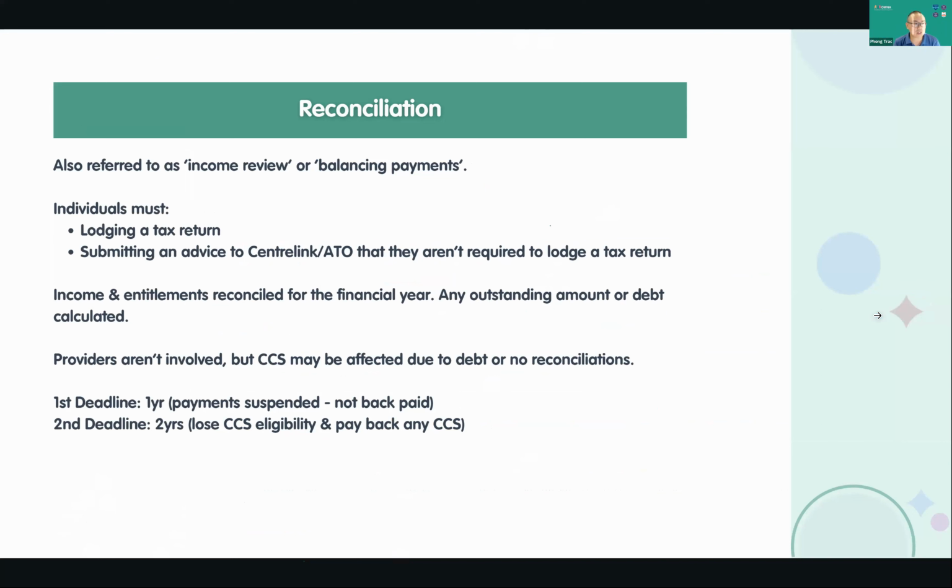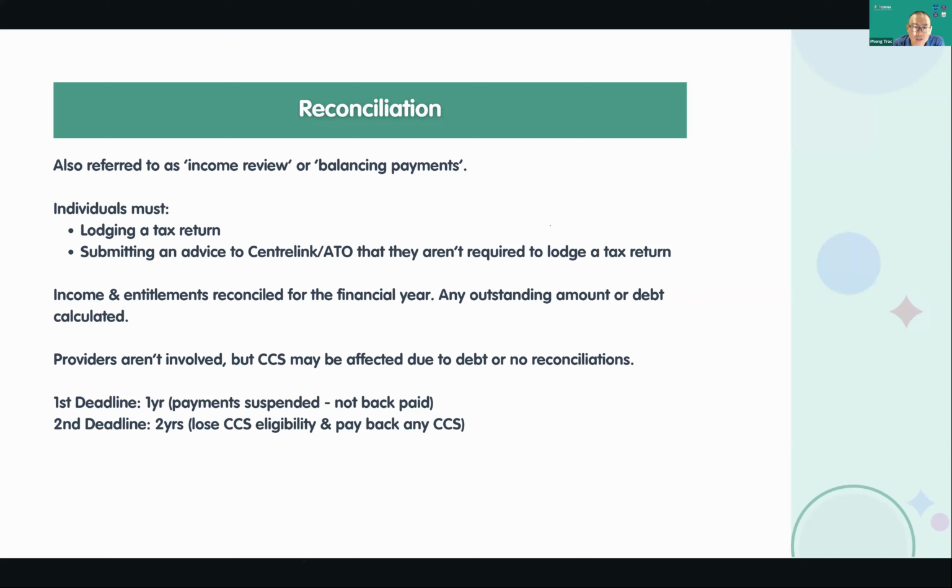So let's talk reconciliation. When I talk about reconciliation, maybe think about this from the parent side, because there is nothing specifically that you can do here. We will talk about where you're involved in the next slide, around any overpayments and CCS debt, but reconciliation as it pertains to this is this.